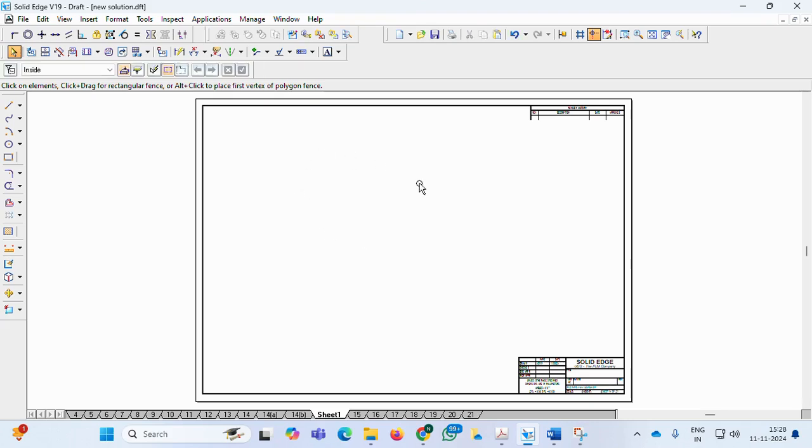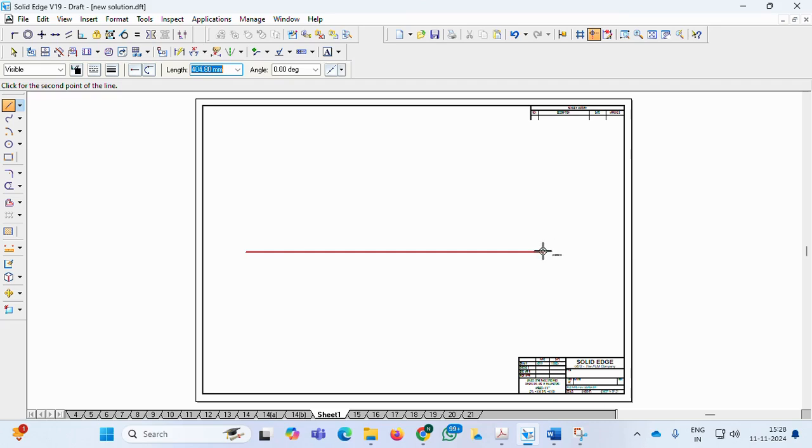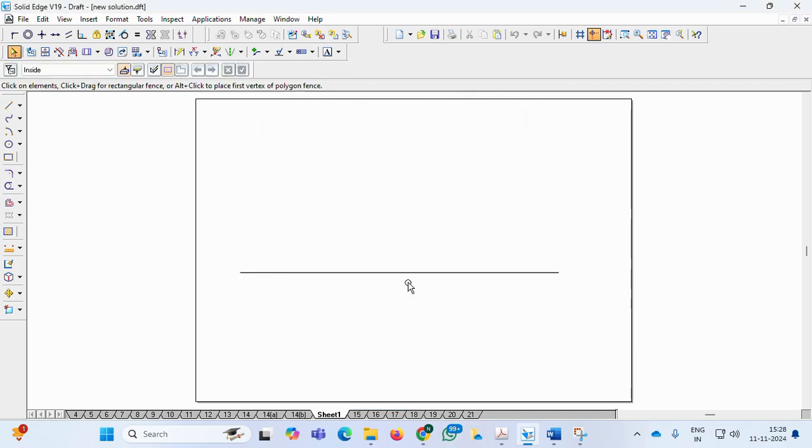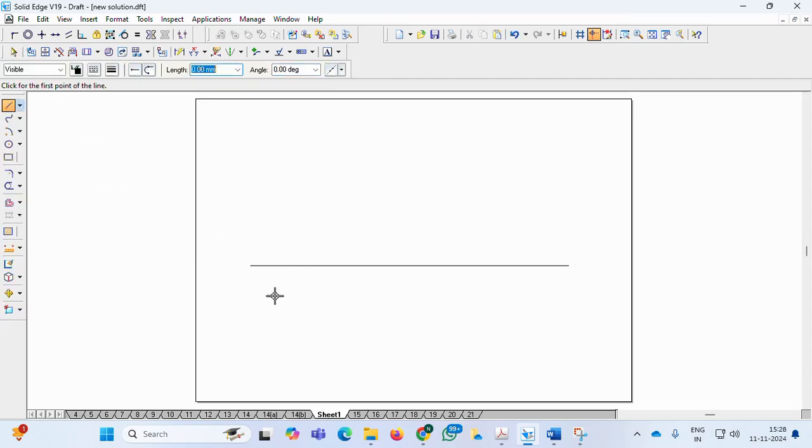If you are using A4, it will go out of the sheet. So I am using A2 sheet just to demonstrate. So this is XY line. So this is 80.